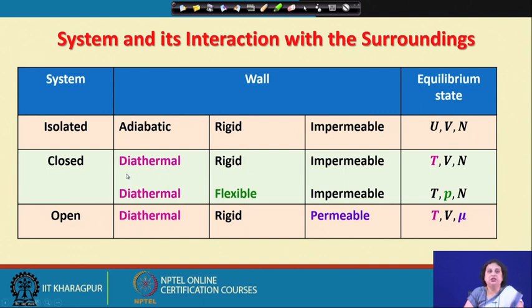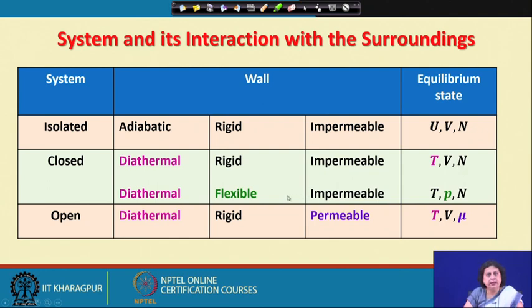Since the system can exchange energy with the surrounding, when the system attains equilibrium, its temperature is going to be equal to the temperature of the surrounding, and this constant temperature is then a very good descriptor of the equilibrium state instead of its total energy. So, the equilibrium state under such condition will be described in terms of these three variables: T temperature, V volume, and N the number of particles.